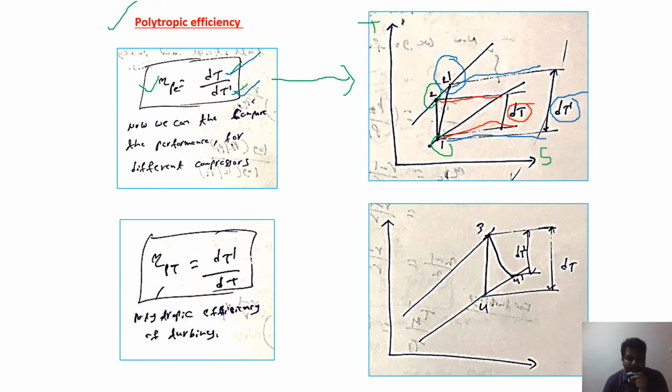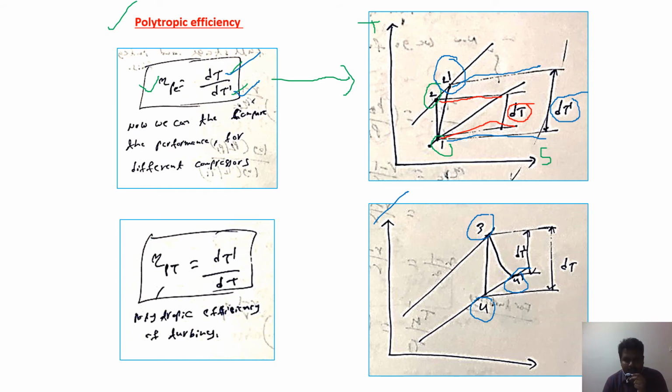Similarly we can write it for turbines also. Here in this diagram 3 to 4 is the isentropic expansion in the turbine, 3 to 4 dash is an inclined line if we consider the losses.